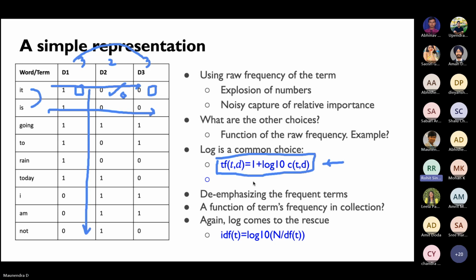And if we do not choose that, but go by this function, then how are we going to handle the undefined case here? If C(t,d) is 0, this is defined to be 0.